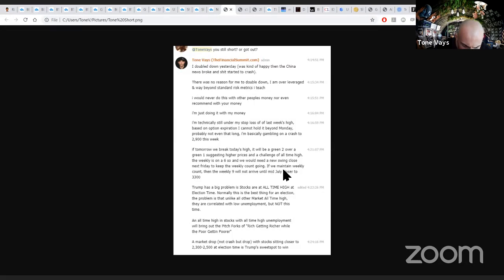So if we maintain the weekly count, okay. Next, Trump has a big problem if stocks are at all-time highs at election time. Going into this year, Trump's number one re-election metric was the stock market.